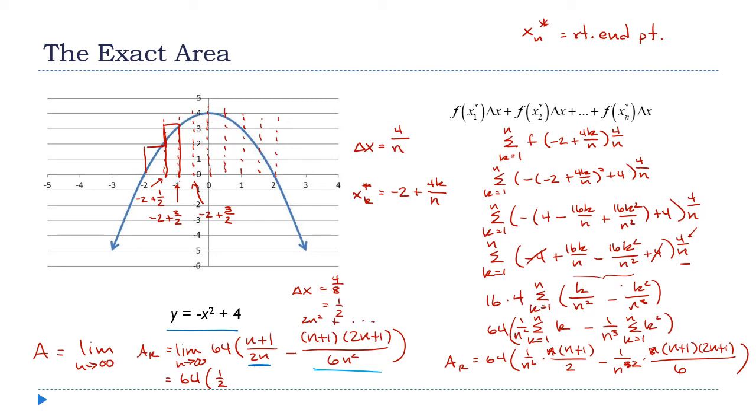So because the degree of the numerator and the degree of the denominator are the same, this is 2/6, which is 1/3. 1/2 minus 1/3, that's 1/6. And if you reduce the fraction here, this is 32 thirds. That is my exact area. Right? The exact area between that parabola and the x-axis, between -2 and 2, is 32 thirds.